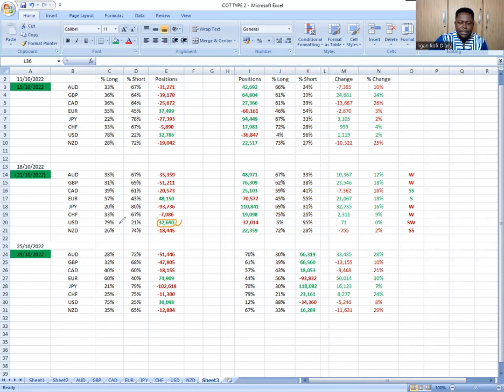The same with the percentage. The buyers were 79% last week. Now the buyers have reduced to 75%. So USD is gradually becoming weak. Sellers were 21% last week, and now the sellers have increased to 25%. So this is a clear indication that we are beginning to see a trend reversal for USD.